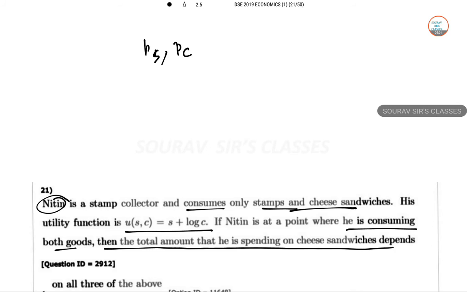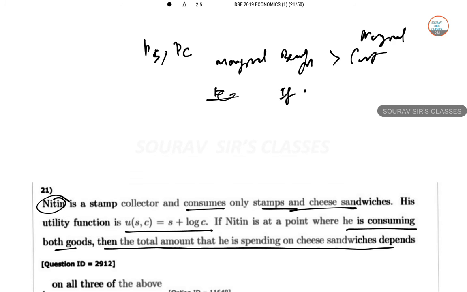Nitin will consume only cheese until the marginal benefit is greater than the marginal cost. The marginal benefit of any particular item is higher at first, and the marginal benefit of cheese sandwiches will be lower by consuming more of them.